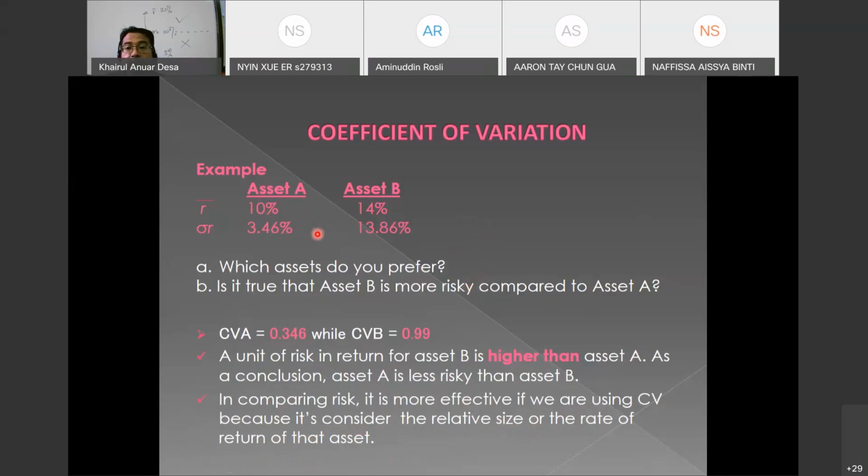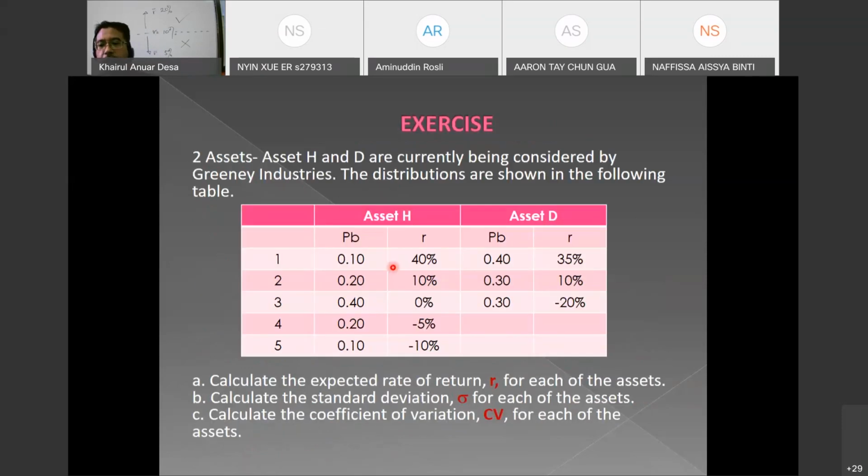Maksudnya CV lebih bagus kalau kita gunakan untuk perbandingan aset yang berbeza expected rate of return. Saya minta you all kira ini pada minggu lepas dan hari ini kita akan bincangkan jawapan ataupun kesimpulan yang kita boleh buat daripada dua aset ini.